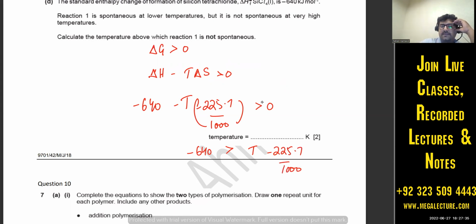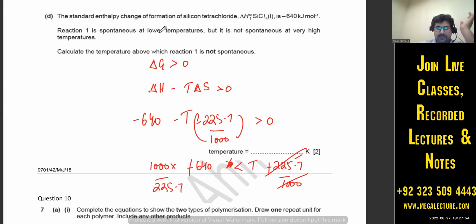You get rid of the negative sign, the inequality changes direction. And this thing will go to the other side, so it will be times 1,000 and divide by 225.7. So all of the stuff was already provided to you.